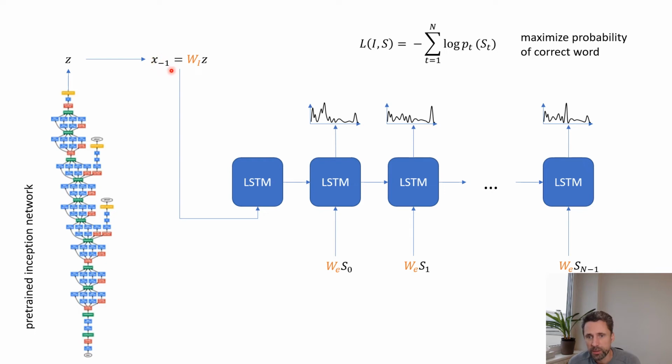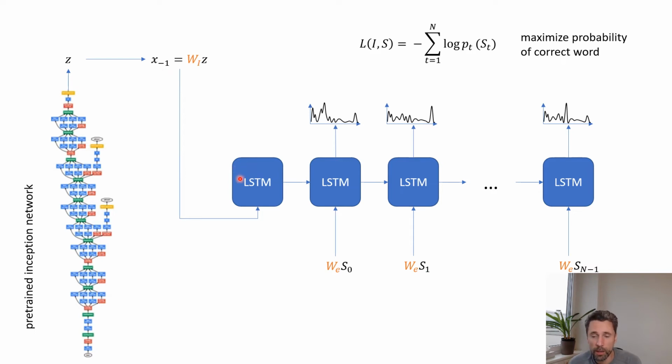And then we'll project this vector Z down to, let's say, what we call input at t minus 1, which is the first step in generating an output. Now, this matrix W1 or Wi, for image, projects Z into a vector space that has the same dimensionality as your LSTMs.